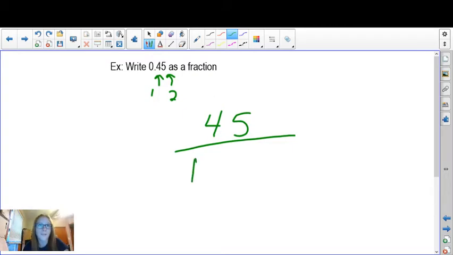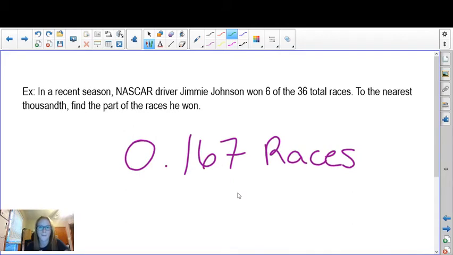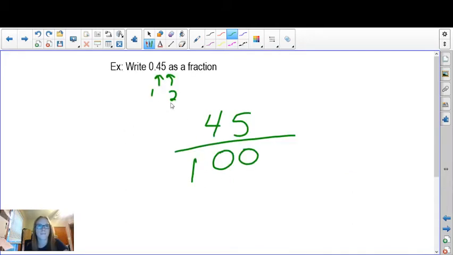I put a 1, and then 2 zeros, the 100th spot. My tenths, my hundredths, my thousandths. Tens, hundreds.